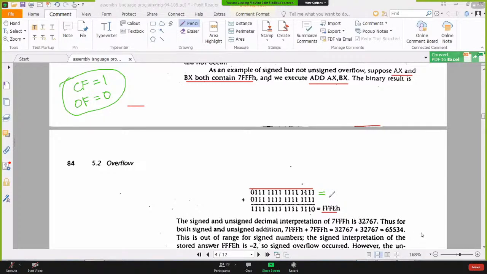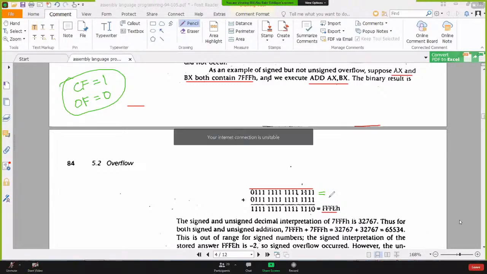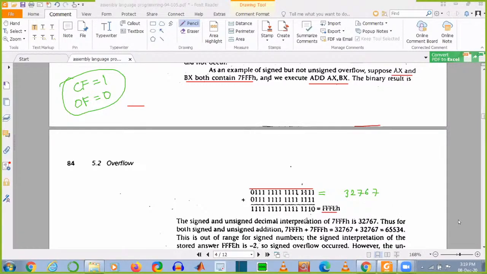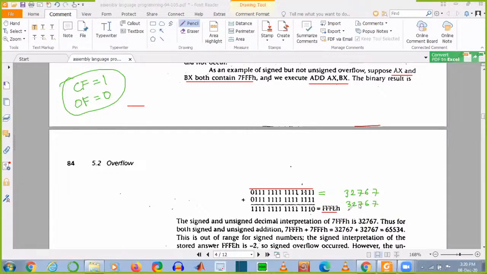Can you say? 32767. Okay, that is the value of the first number. And what is the value of the second number? Same, sir. That is also 32767. So we have two numbers here, 32767 plus 32767.